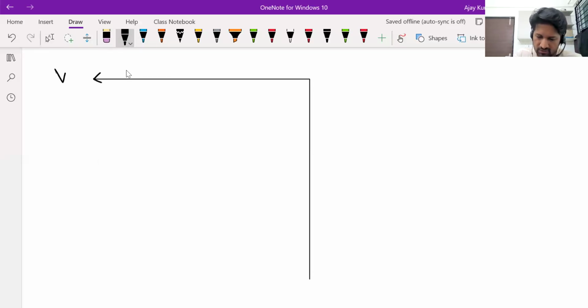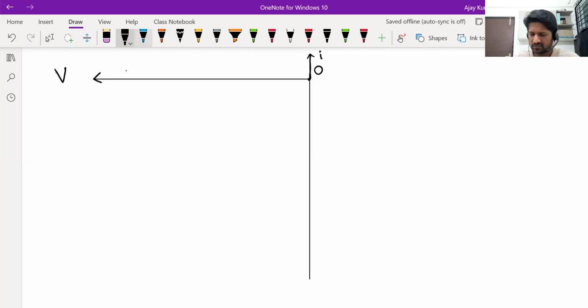Reverse bias voltage is called negative voltage. When the voltage is zero, the current is also zero. Fine. We take voltage on the x-axis, current on the y-axis. Reverse bias current is basically drift current, and it's called negative current.